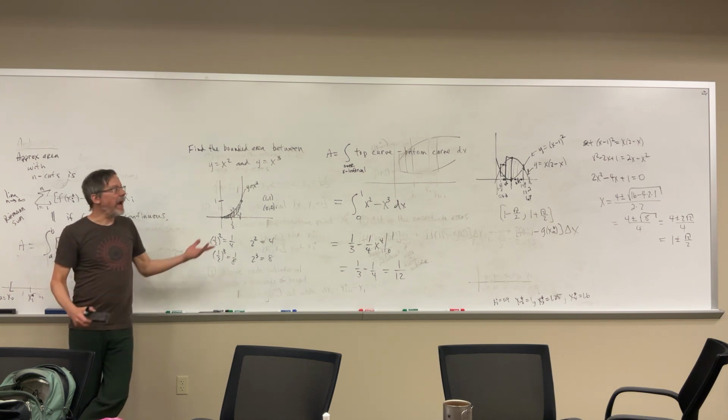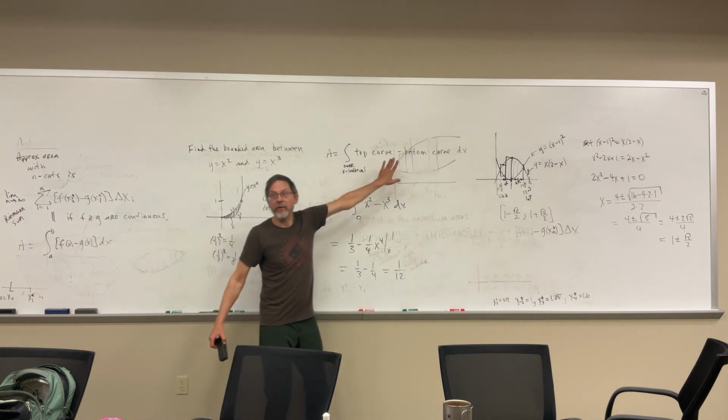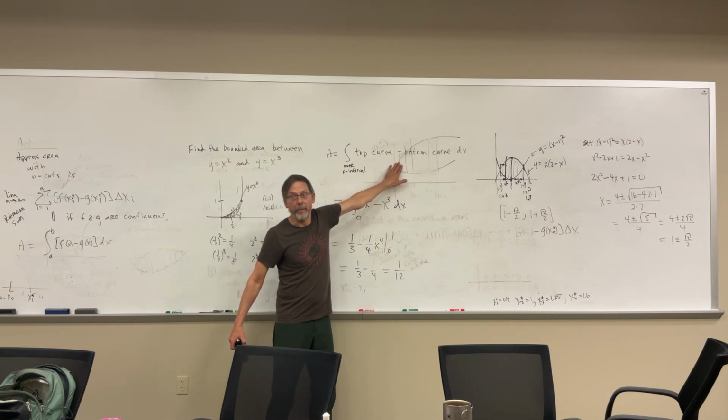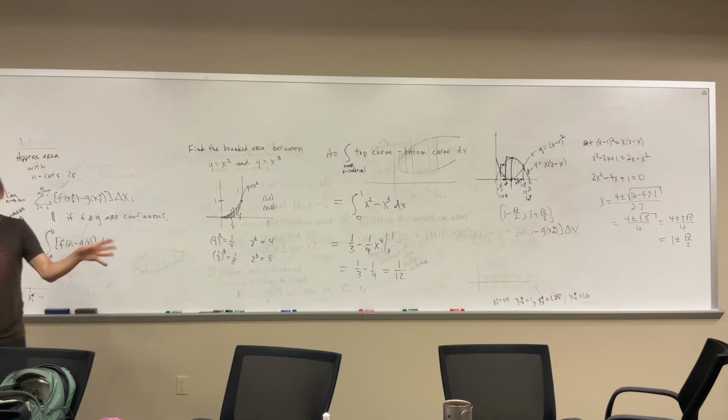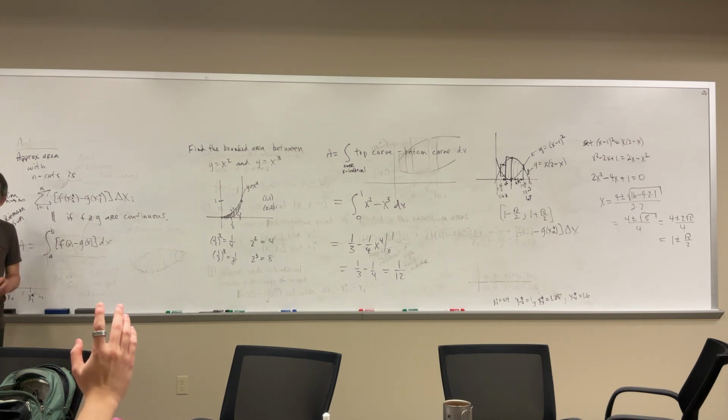Honestly, this is the way. Think about this: top minus bottom. That's the way to go. And then don't worry about who's f and who's g, because they might be weird and a problem. So in this example, when we did our slices during that period, x cubed was below. Yeah, absolutely.